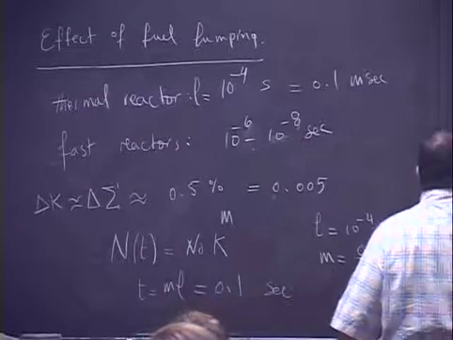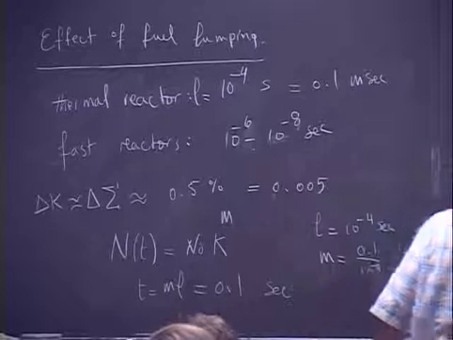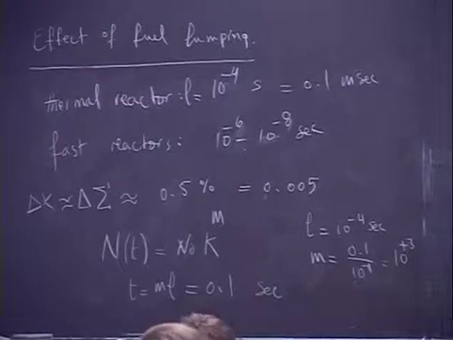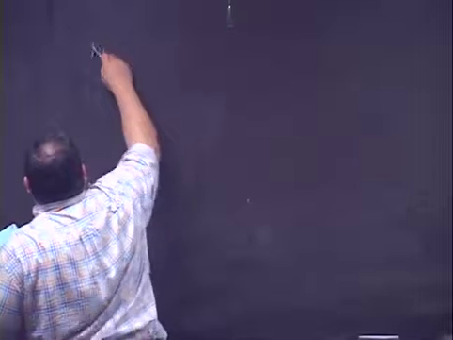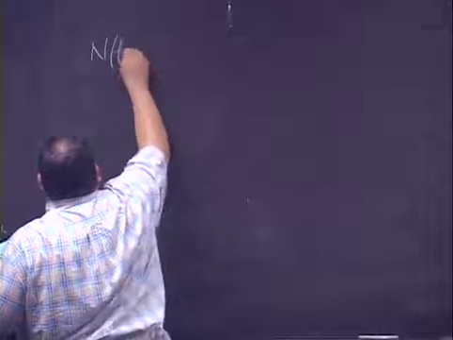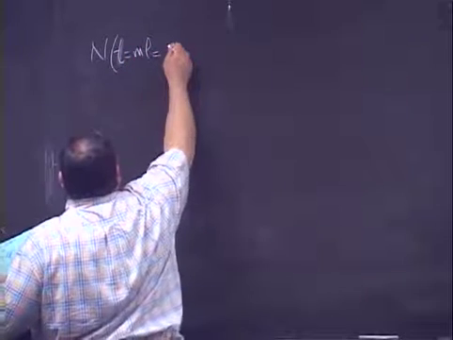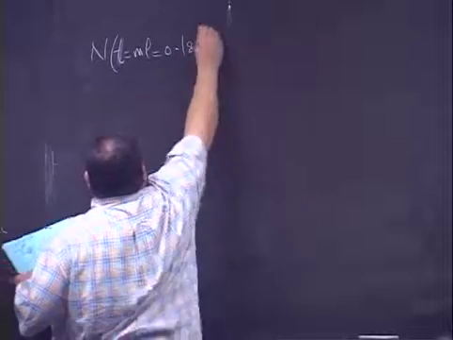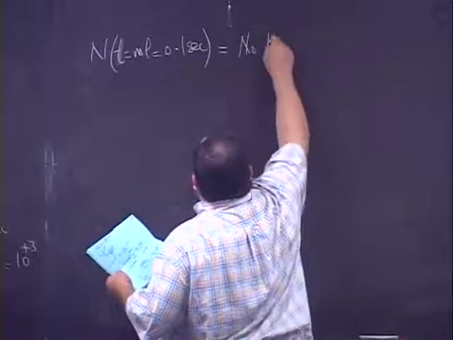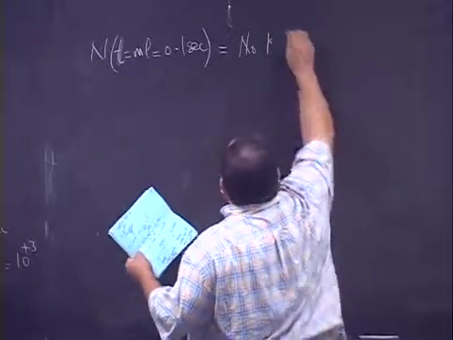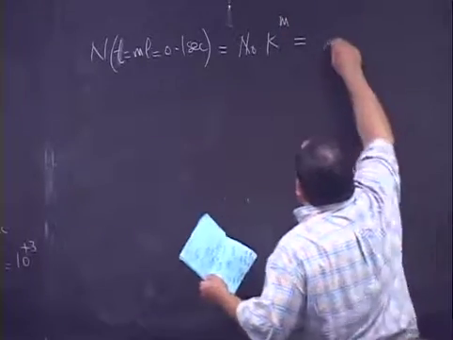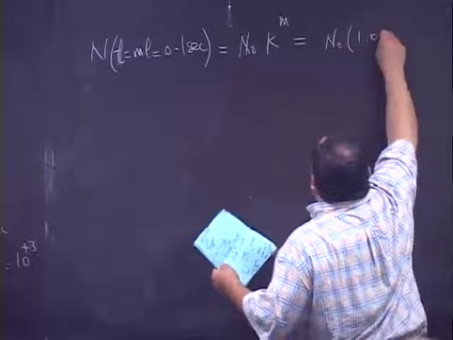So all we want to do is apply the formula that we just showed here. The formula states that N as a function of time, at M lifetimes equal to 0.1 second, is just equal to the starting N naught multiplied by K to the power of M. So this will be N naught times 1.005.